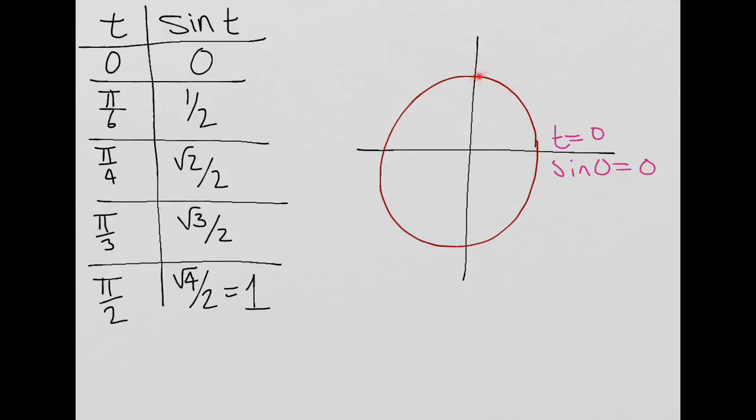Increasing from here up until we hit 1, and at pi over 2, sine of pi over 2 is equal to 1. We're going to decrease from there until we get over to here. The y-coordinate here is 0, and that's going to happen when t is equal to pi.